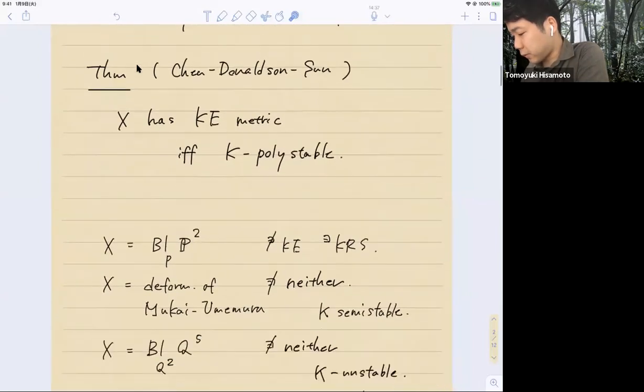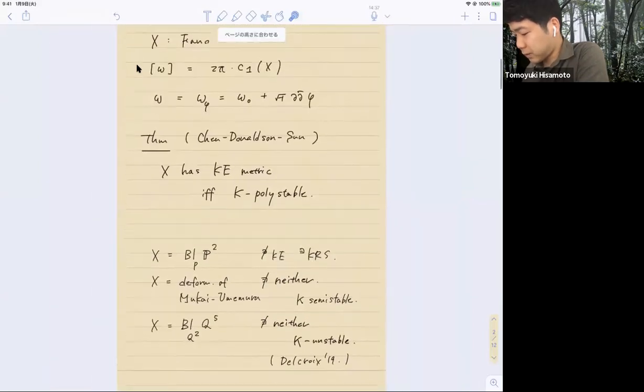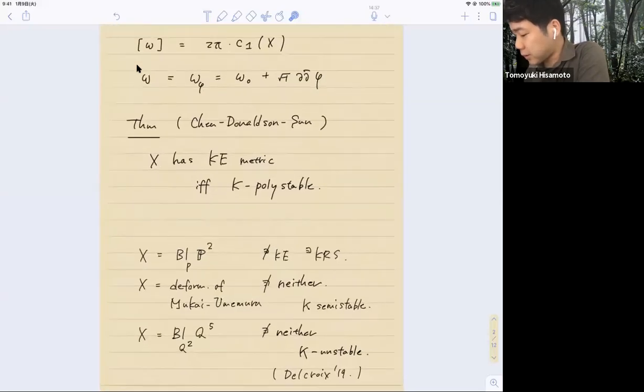For example, the blow-up of P2 at some point does not have one. It's known that this surface does not have any Kähler-Einstein metric.